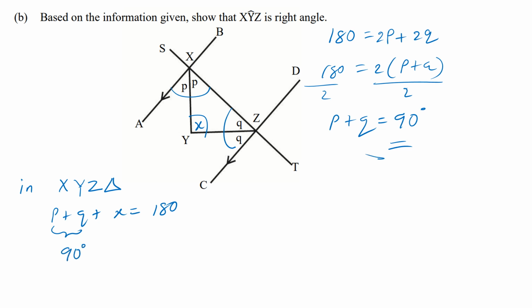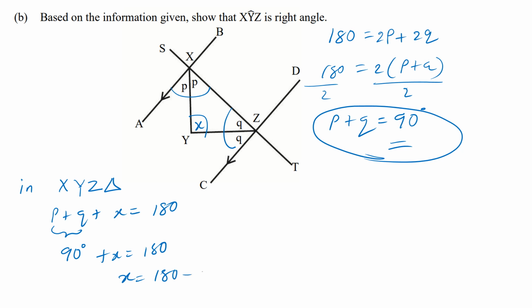So we have found it here, and 90 plus x is 180, and you can say x is equal to 180 minus 90, that means 90. Then x is equal to 90, which means angle XYZ is equal to 90 degrees. So this is something like this.